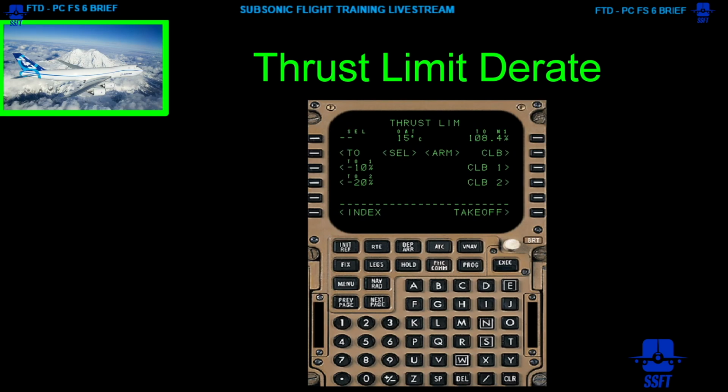And of course, the default is always going to be your full takeoff thrust and full climb thrust. And then you have to select whether you want a fixed derate or an assumed temperature derate or a combination of both. So TO1 would give you a fixed derate of 10% less than the full rated max thrust, and TO2 would give you 20% less than the full rated max thrust.